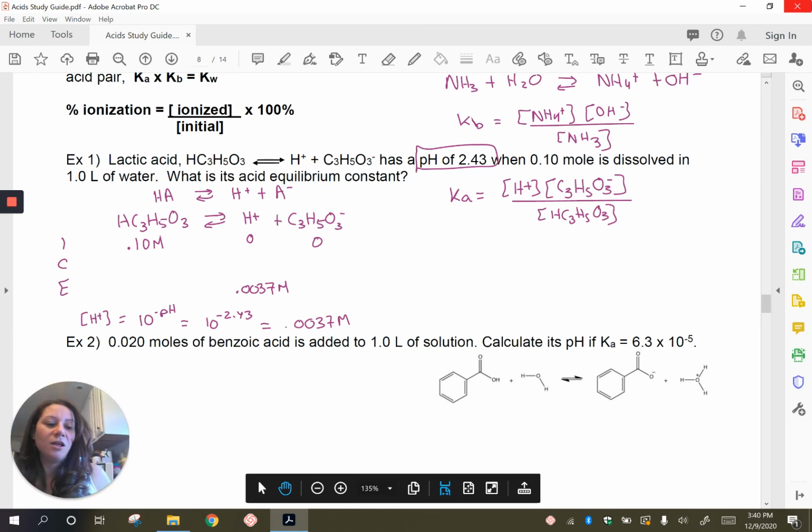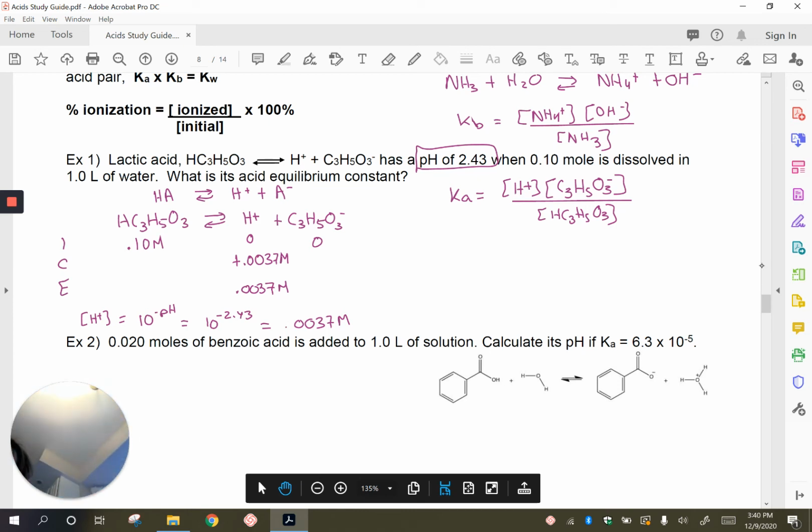Now, if you know two of the numbers for any of these substances, you should be able to know what the third number is, right? If I started out with 0 and I ended up with 0.0037, then that means the change was that I gained 0.0037 molar. And if you know the change for any of them, you know the change for all of them because the change is based on stoichiometry.